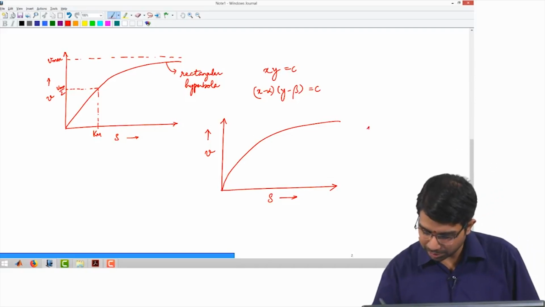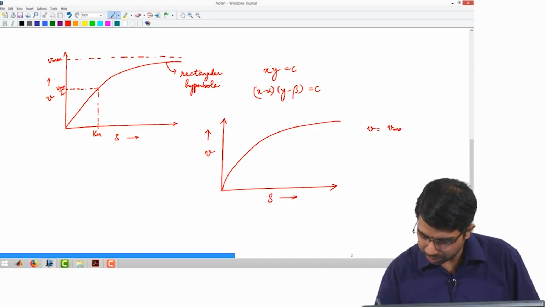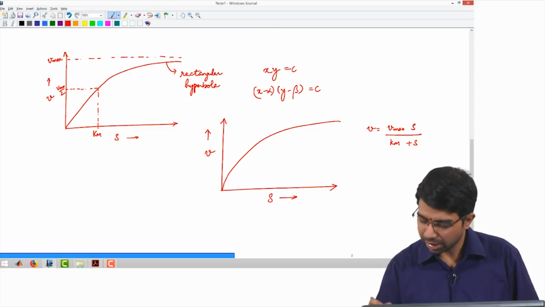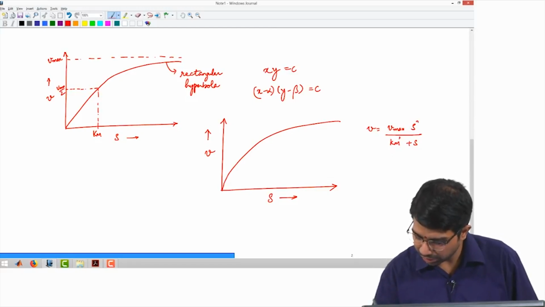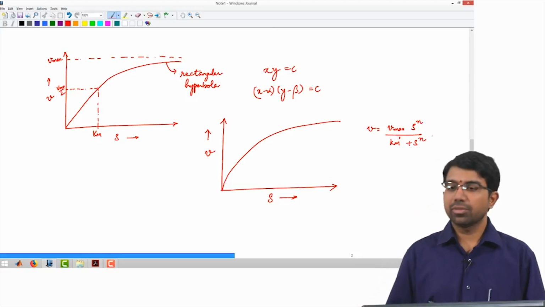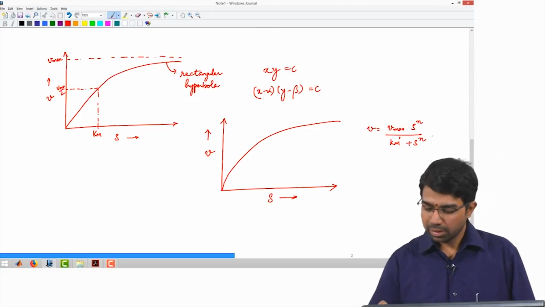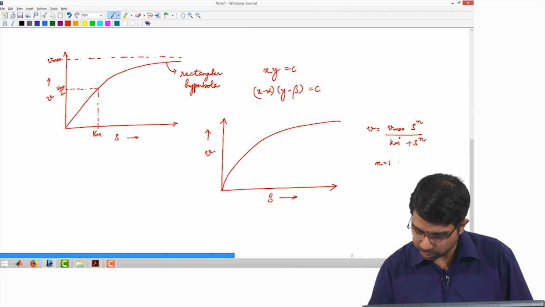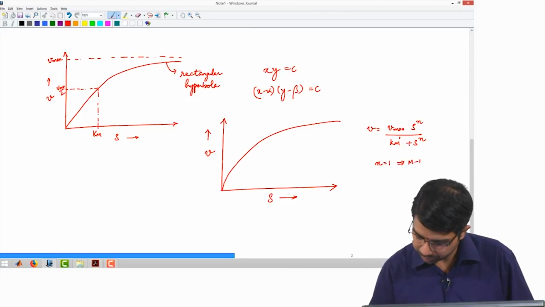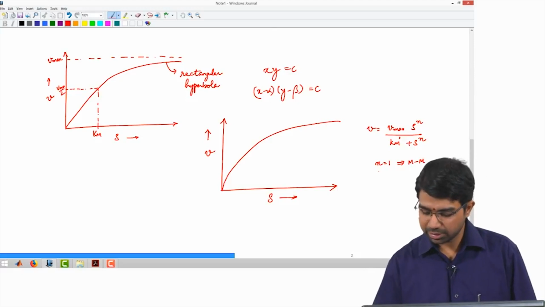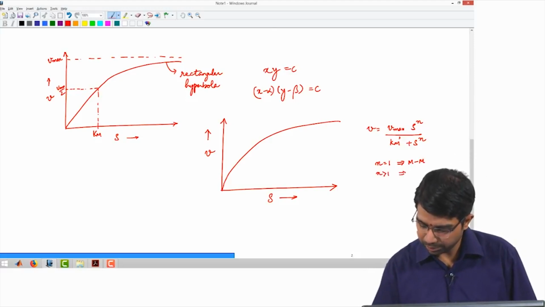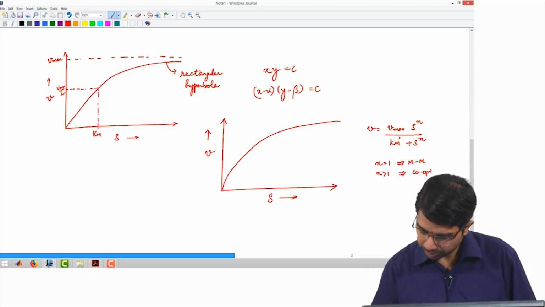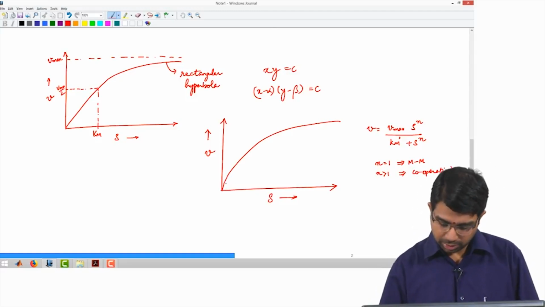So, this comes from the equation V equals V max into S by Km plus S, except you have a different Km and you have an exponent. n equals 1, classic Michaelis-Menten kinetics, n greater than 1, cooperativity. So, how does it look?